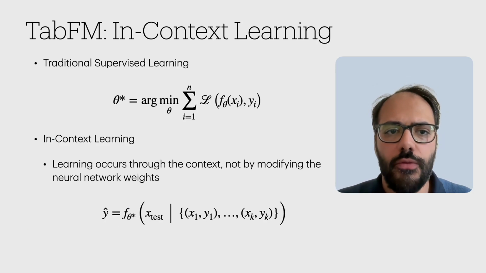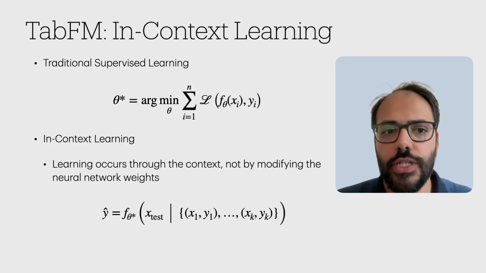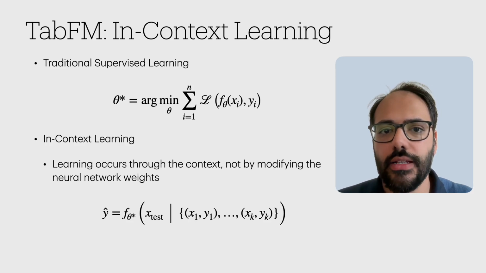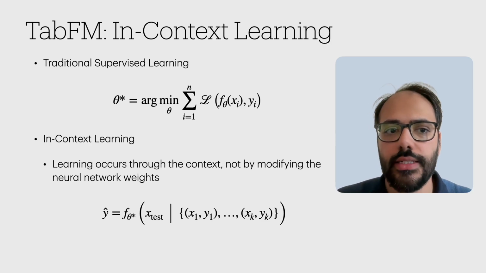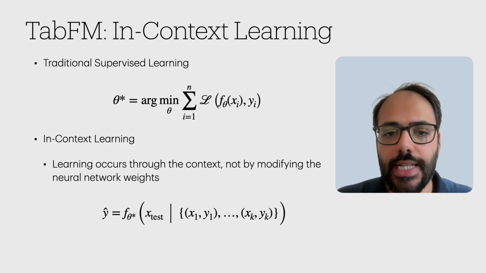But before then, I want to also talk about the last part of this TabFM. And the fact that instead of using traditional supervised learning, they're using something called in-context learning, or ICL. So in traditional supervised learning, when you have a foundation model or a pre-trained model, and now you have some new data points like xi's and yi's, xi's are inputs and yi's are the corresponding or related outputs.